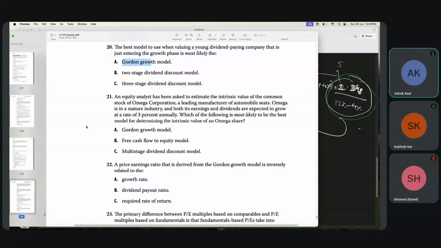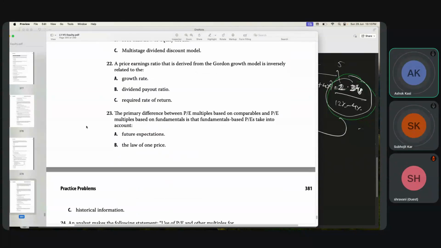Next one, the 22nd. A price to earning ratio that is derived from the Gordon growth model is inversely related to the growth rate, dividend payout ratio, and required rate of return.